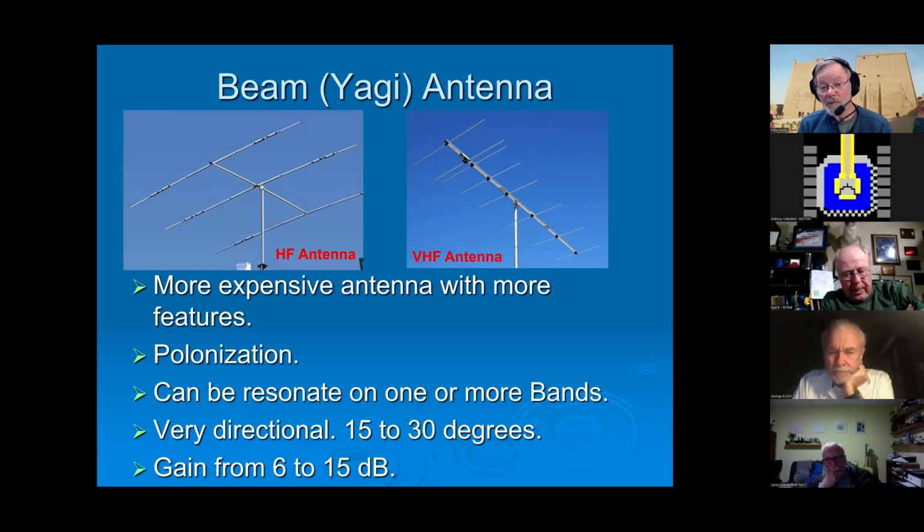But for each one of those elements, usually the longer that beam is, the more elements you have, the higher the gain you can get out of it. So these guys are more expensive. These guys on HF, you will virtually only see horizontally polarized. On the VHF on the right side, that is also horizontally polarized, but that antenna you'll see both vertically and horizontally polarized.